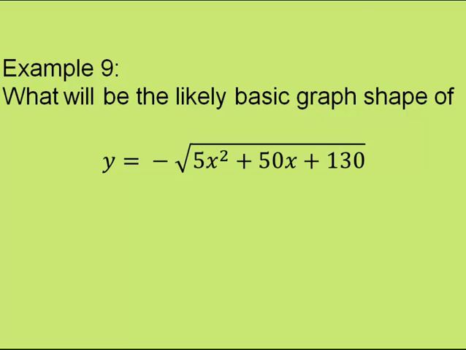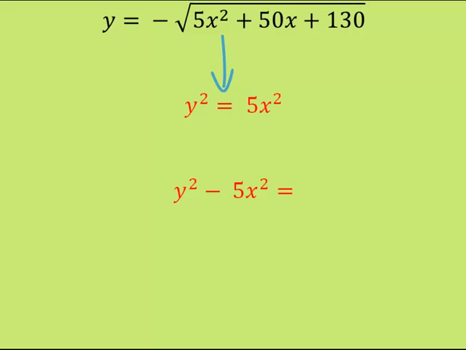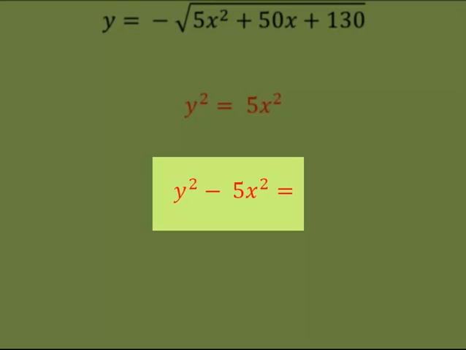Instead, you proceed to square both sides. Just worry about keeping track of the x squared term and y squared term. Move the x squared term over to the y squared term side. Coefficients have opposite signs. Now you would be thinking initially hyperbola. The radical crops half of that. You're thinking half a hyperbola.